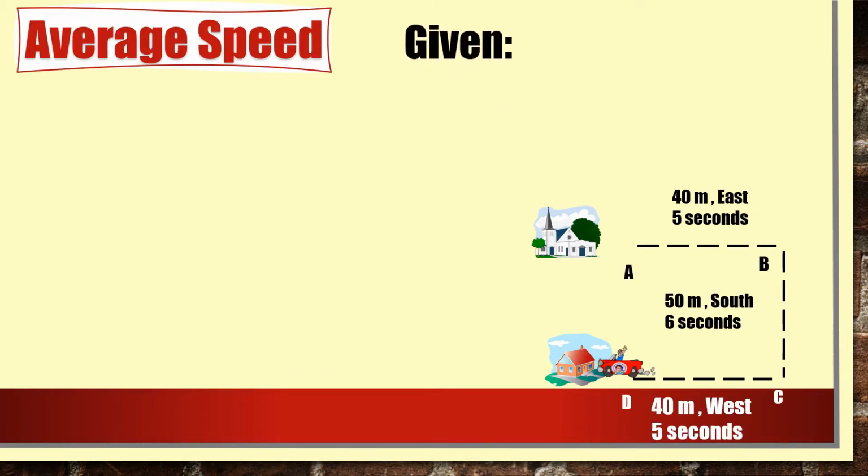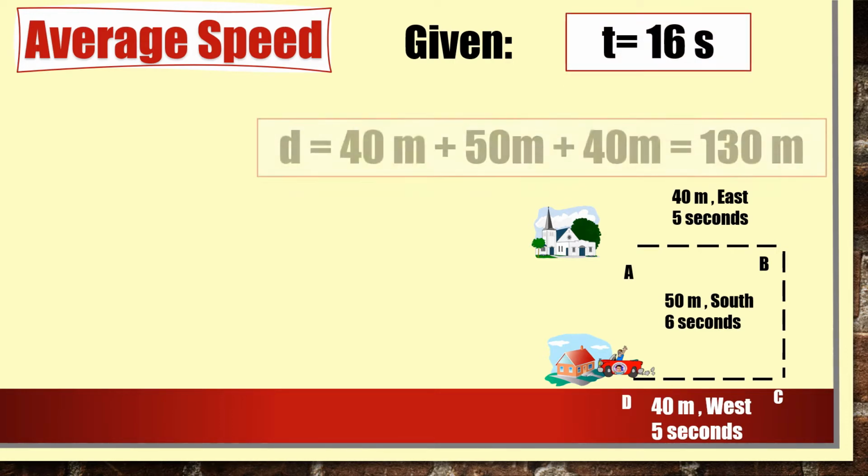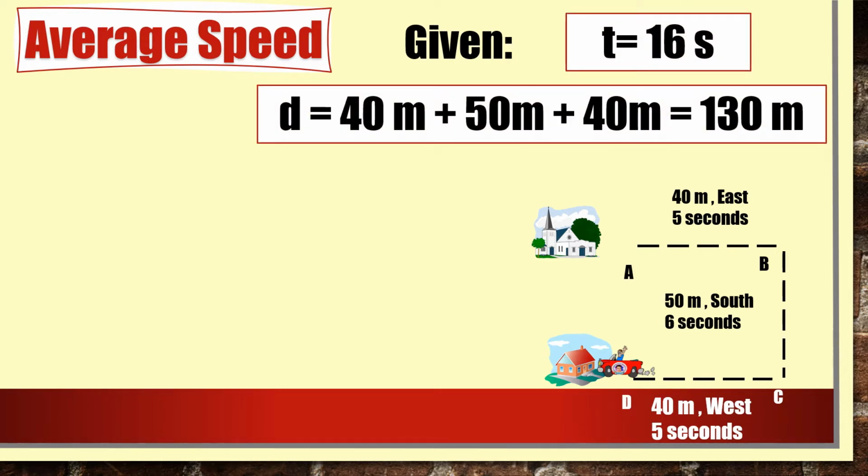Let's solve first the average speed. We have the following given. Total time of travel is 16 seconds and total distance traveled is 130 meters. Take note, we get the total distance and time of travel because we are solving for the average speed.